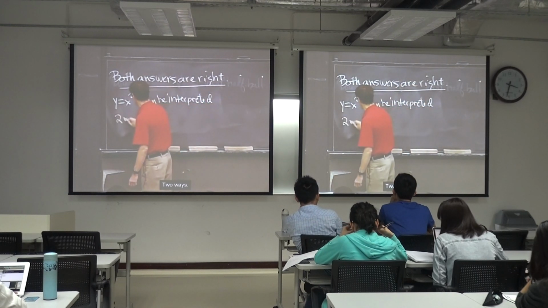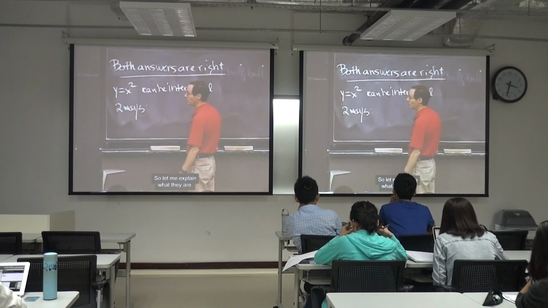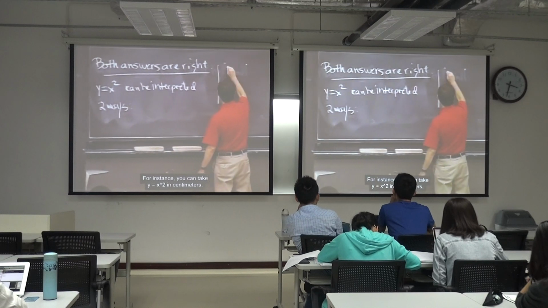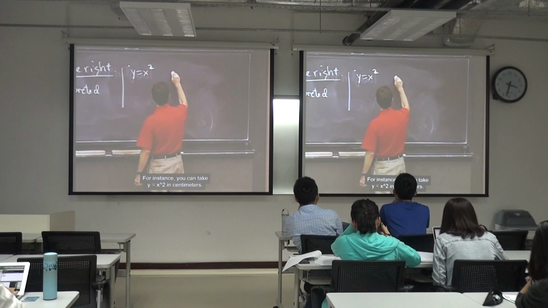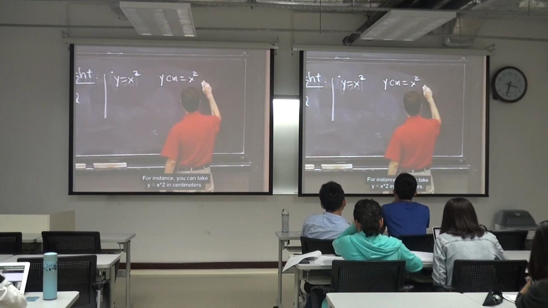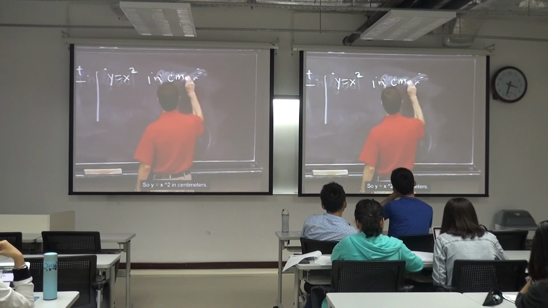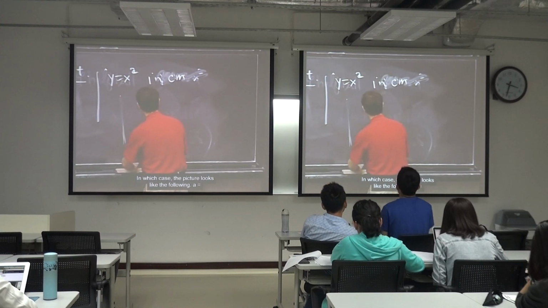Two ways. So let me explain what they are. For instance, you can take y equals x squared in centimeters. In which case, the picture looks like the following.